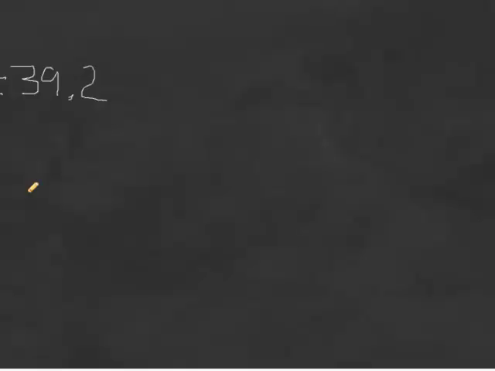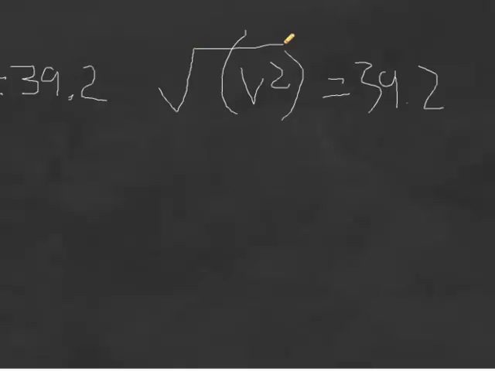We want velocity, not velocity squared. So we have v squared equals 39.2, and we want to take the square root of this, which is, of course, equal to v. Because the square root of velocity squared is equal to v, like we just saw.